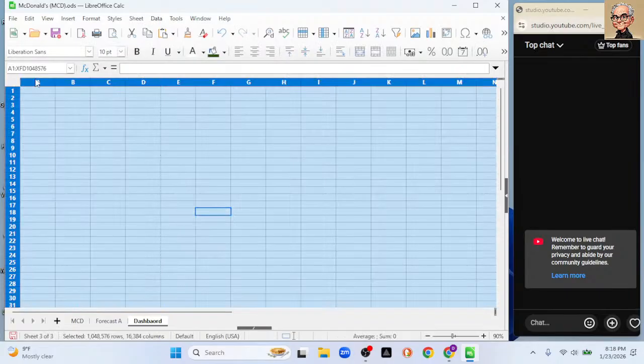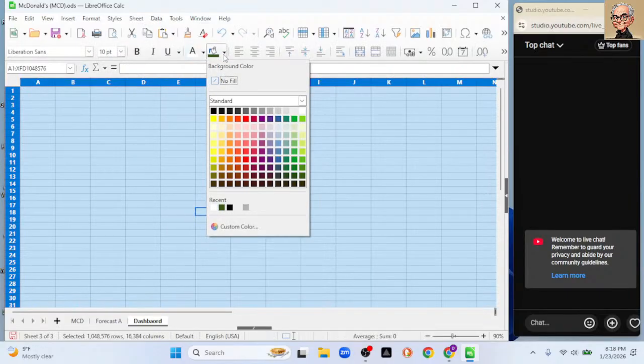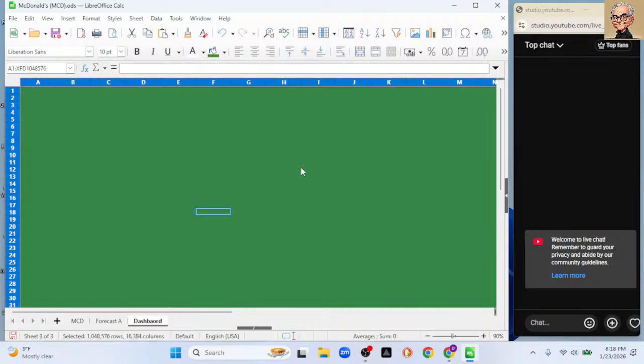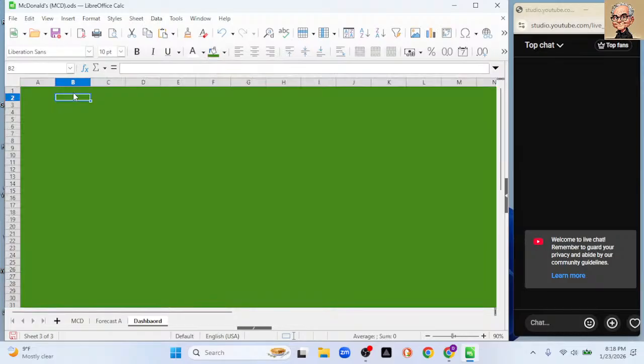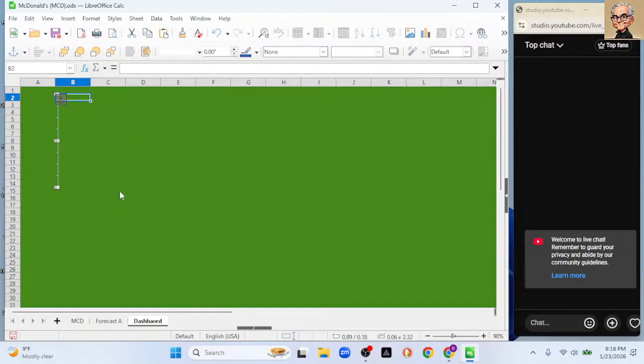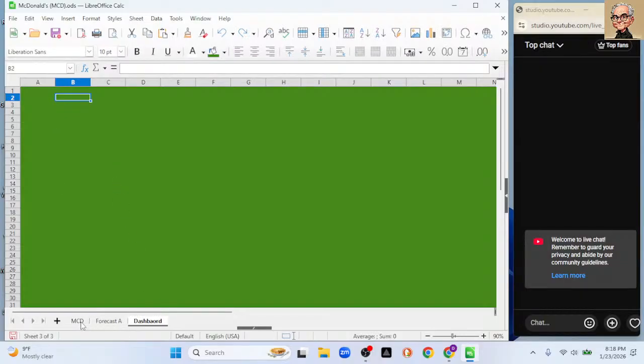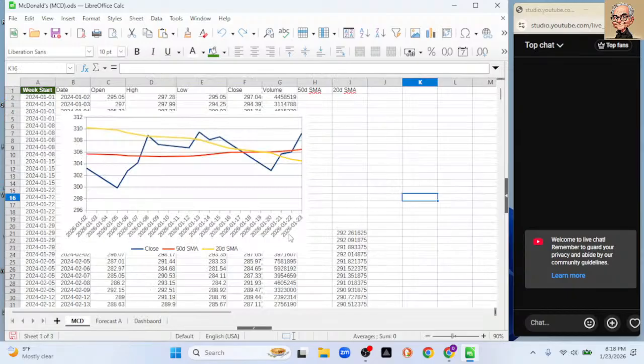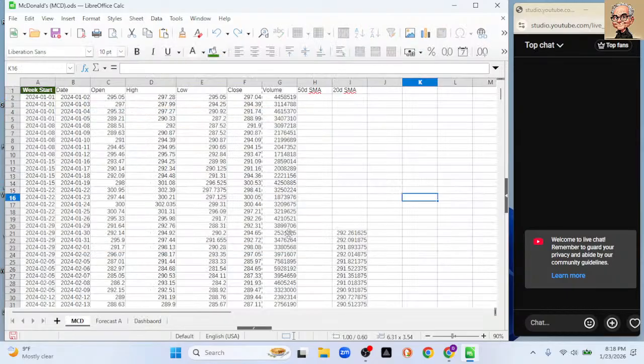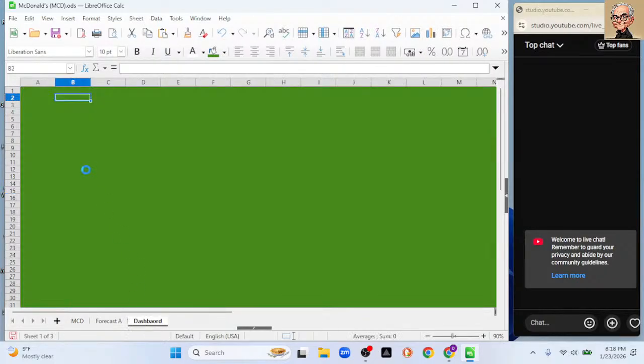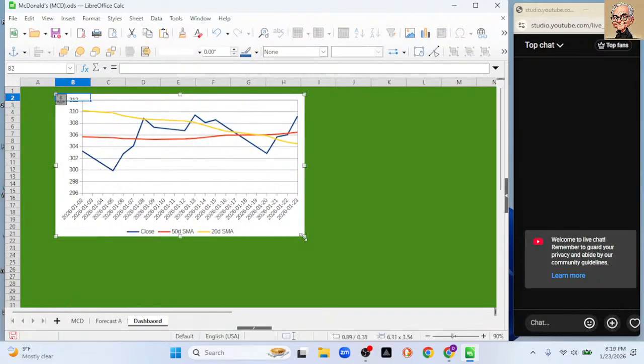Let's make this dashboard a nice dark blue background. Let's make it a green. So there's our first plot.